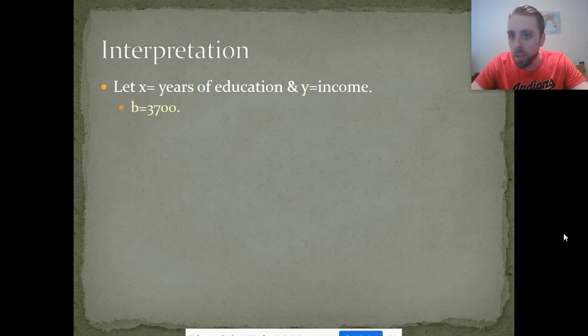All right, a 1 unit increase in X is associated with a B unit change in Y. Try your hand at writing down what that interpretation would sound like using that language. A 1 unit change in education, years of education, is associated with a B unit change in income.